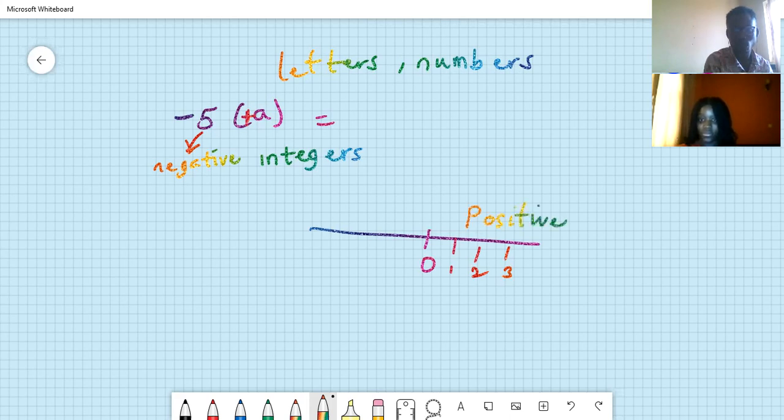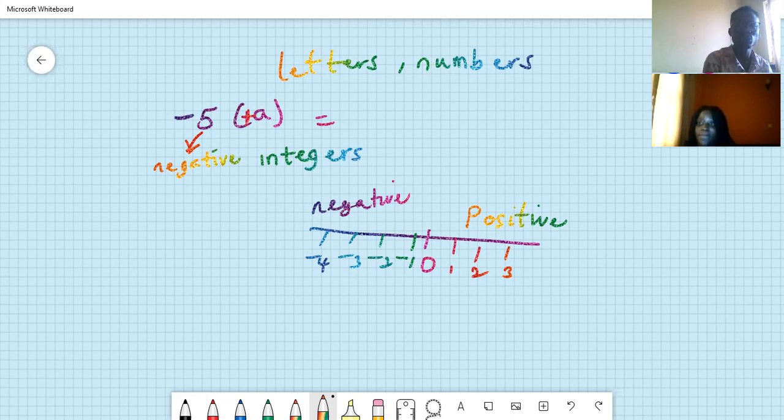While on this other side of the number line, you have -1, -2, -3, -4, -5. So these are negative integers. Okay, and so negative integers and positive integers. So 0 is neither a positive integer nor a negative integer. It's just in between.